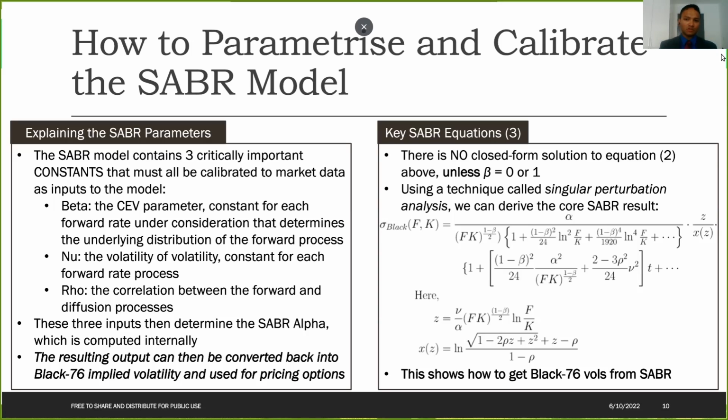It is quite challenging to look at, but it is the only closed form approximation. It's not an actual closed form, but it's a very good approximation of the actual value and the link between the Black or log normal volatility that you observe in the market and the alpha that is used in the actual model. So this equation is central to everything else about S-SABR.